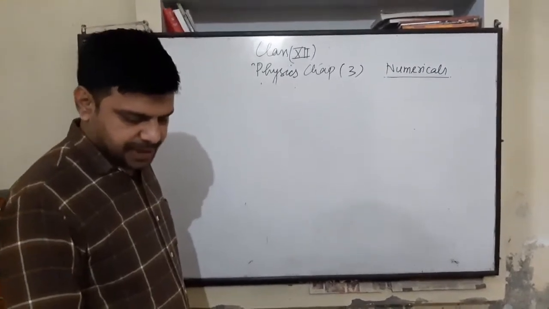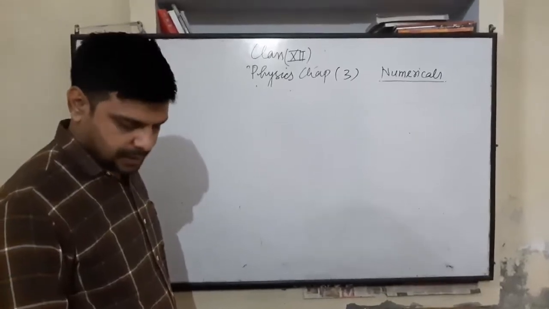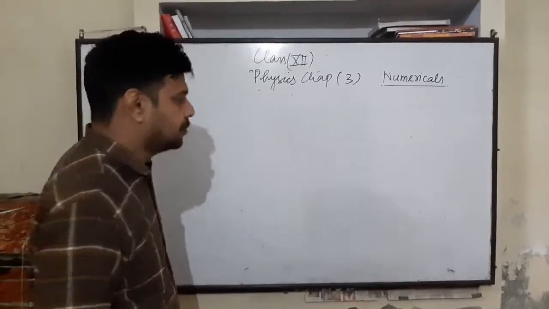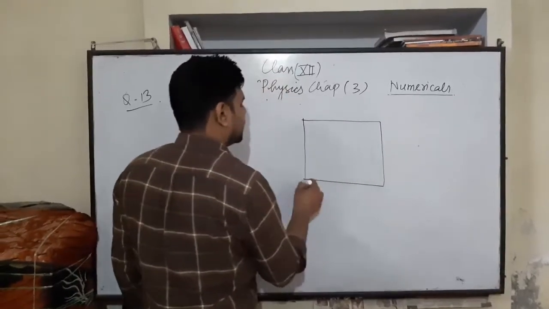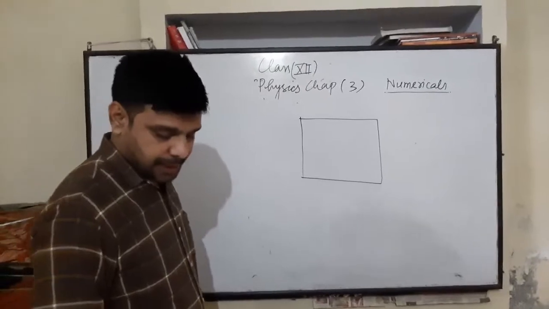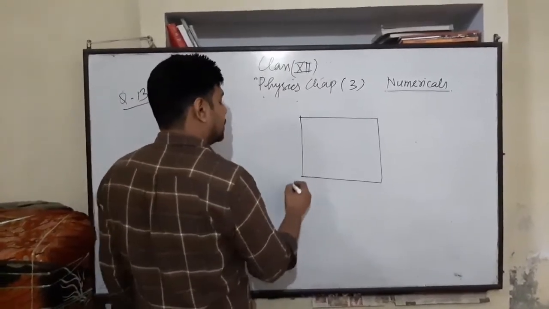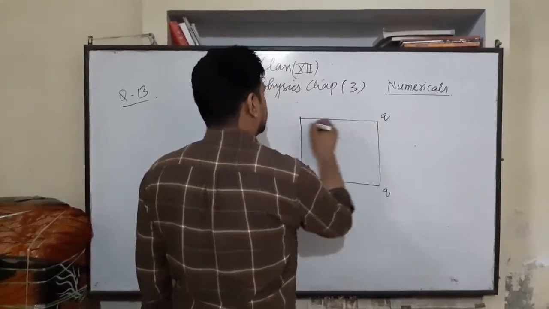Electric charges of the same nature, each of 100 microcoulomb, are placed at the corners of a square having a diagonal of 2 meters. Consider this is a square and at each corner the same charges are placed.